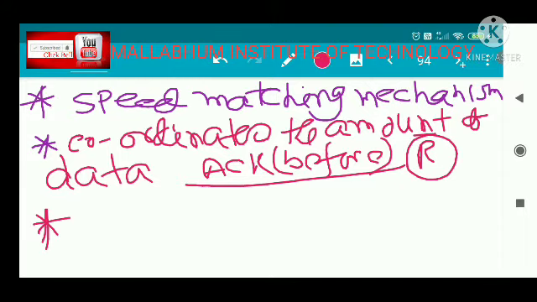The next point is that flow control is a set of procedures. I have said that the sender and receiver must agree upon flow control services. Flow control is a set of procedures, or rules, that tells the sender how much data it can transmit before it must wait for an acknowledgement from the receiver.